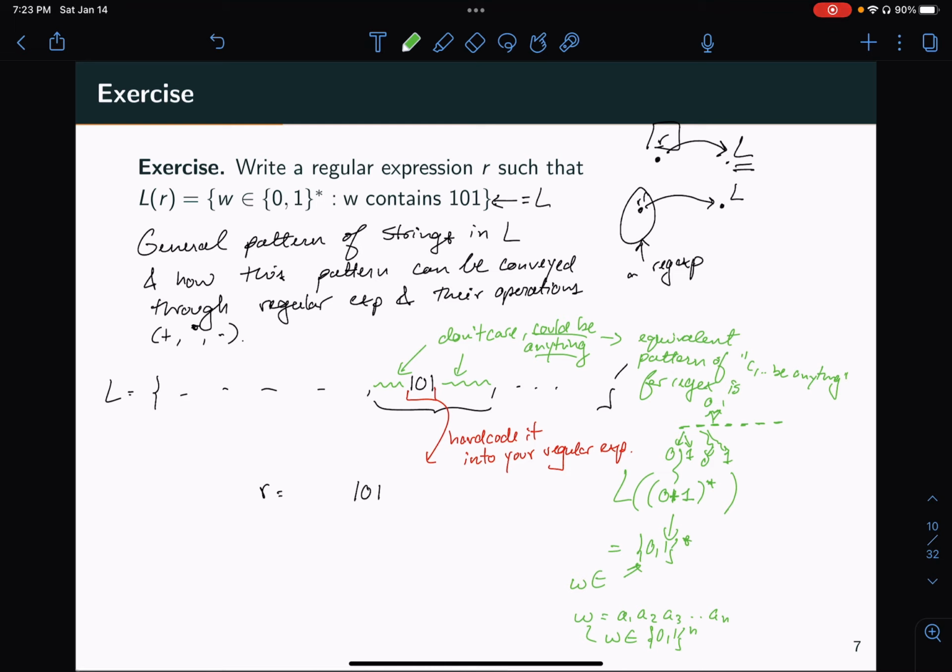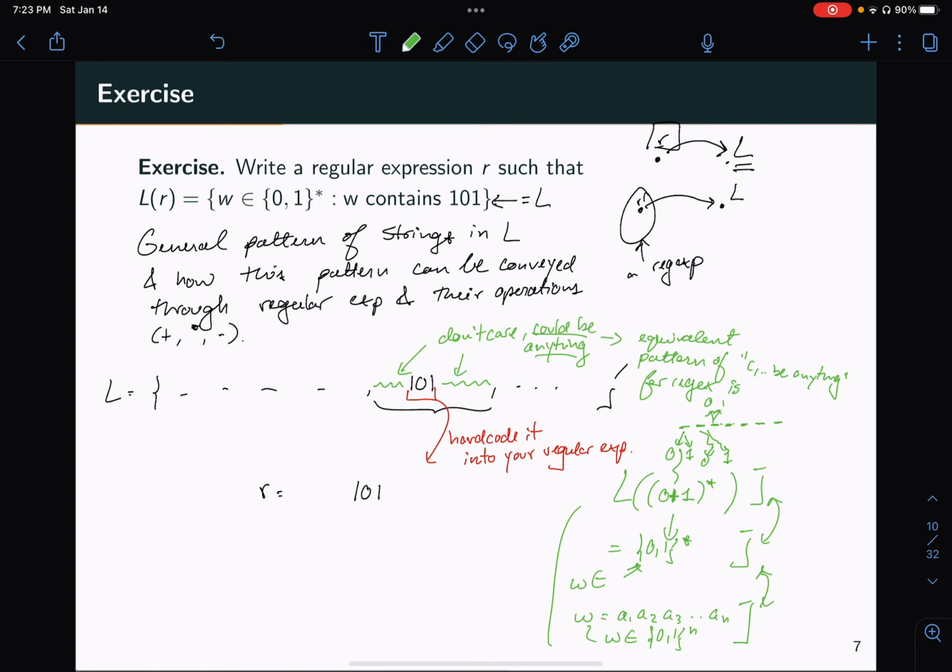All of these things, the plus operator with the star, the language (0+1)*, and this idea here, are interrelated, and they all convey the same idea that at every position of the string, you don't care what you have, you either have a 0 or a 1.